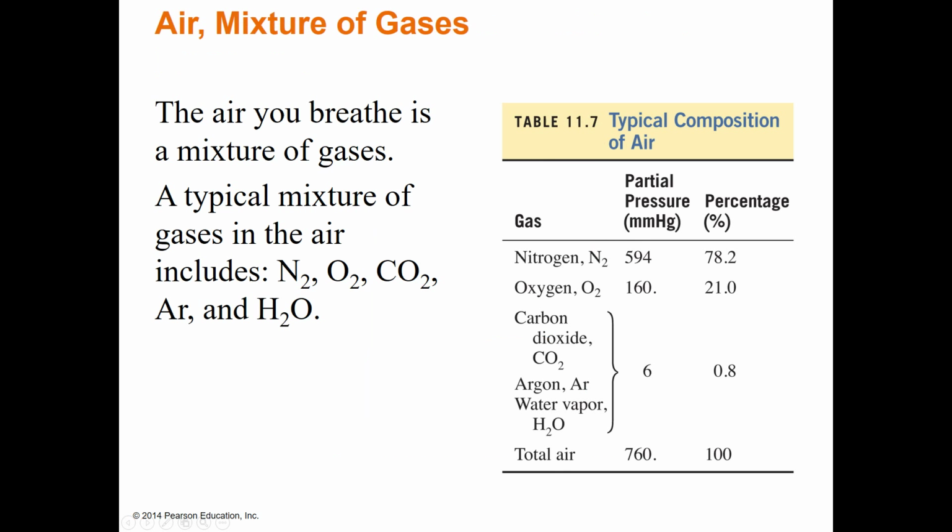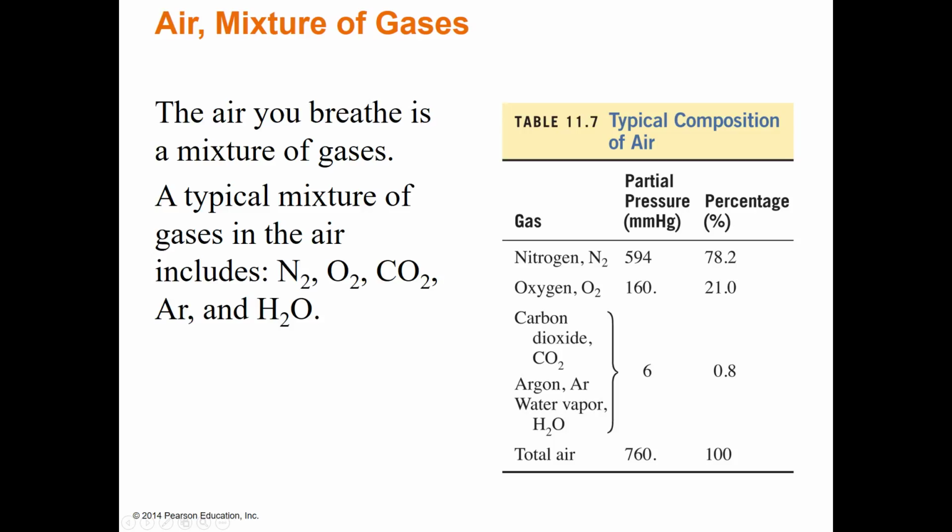The air you breathe is a mixture of gases. A typical mixture of gases in the air is nitrogen, oxygen, carbon dioxide, argon, and water. Nitrogen, being 78.2% of the gas of air, is going to exert about 78.2% of the total pressure.